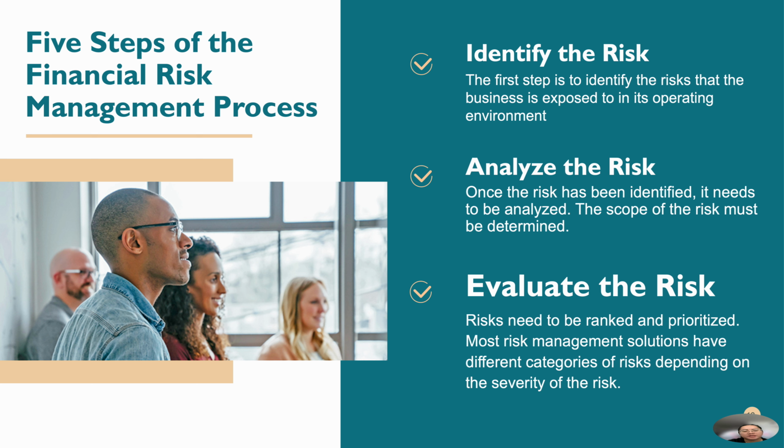The third step is to evaluate the risk. A risk that may cause some inconvenience is rated low, while a risk that can result in catastrophic loss is rated the highest because it is a crucial risk.